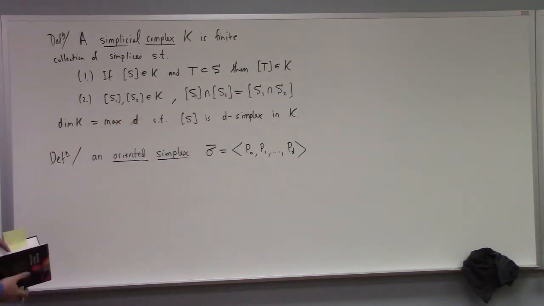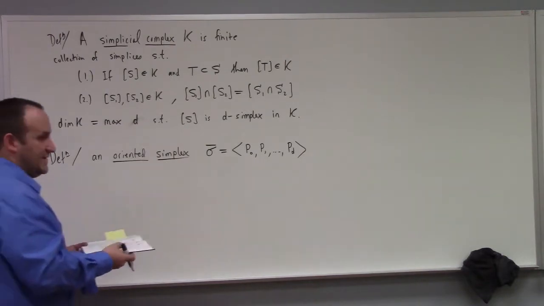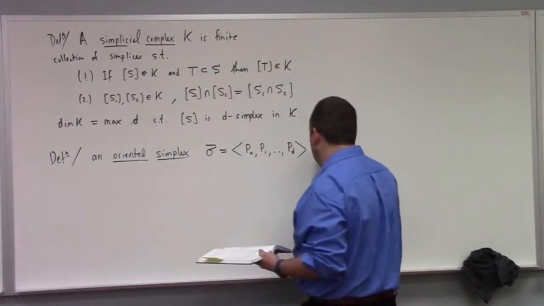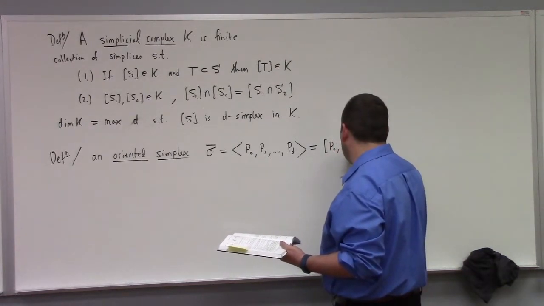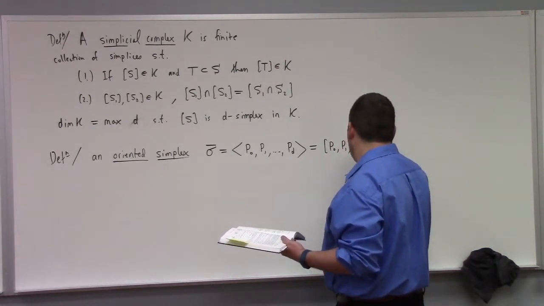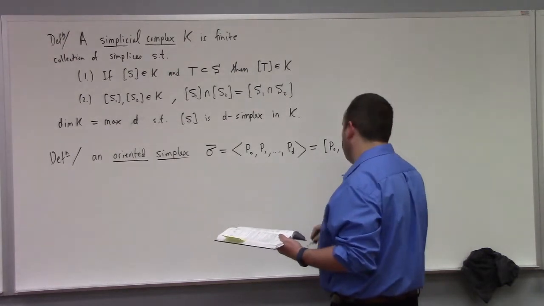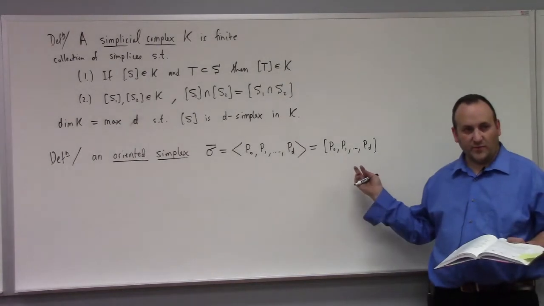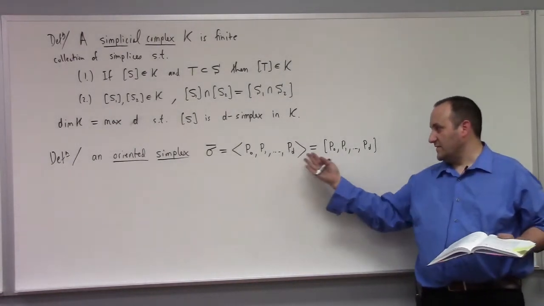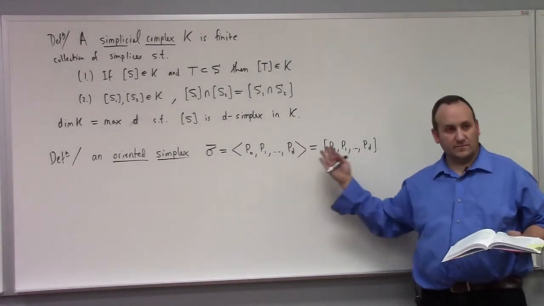Oriented simplex. As a point set, this is also equal to this. These are different objects, but if you just want to forget about the orientation for a second and just talk about the set of points, as a subset of Rn, these are equal.